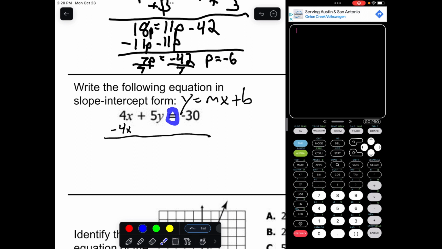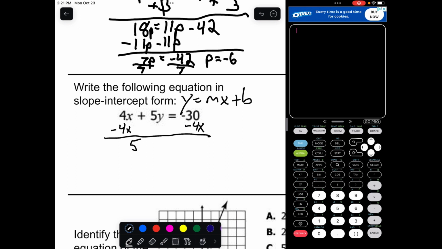Because there's an equal sign in the middle here, whatever I do on one side of the equation, I have to do to the other side of the equation. So if I'm subtracting 4x from the left, that means I have to subtract 4x from the right. Now, on the left side of my equal sign, my 4x has disappeared. I have 5y.